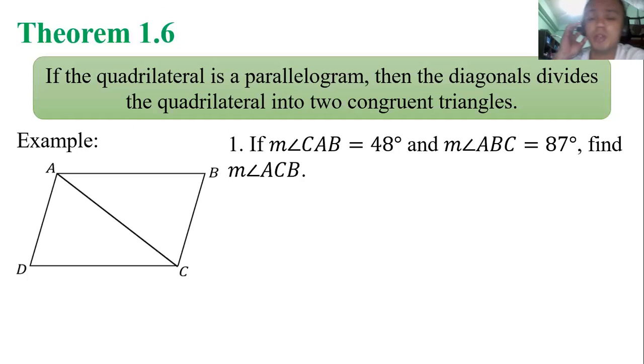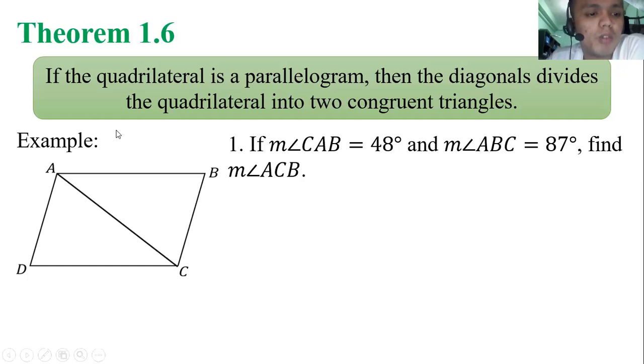of angle ACB. Okay? So in Theorem 1.6, it says that if the quadrilateral is a parallelogram, then its diagonals divide the quadrilateral into two congruent triangles.